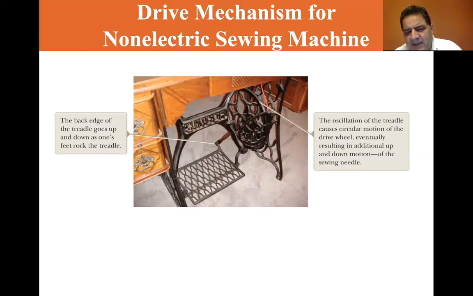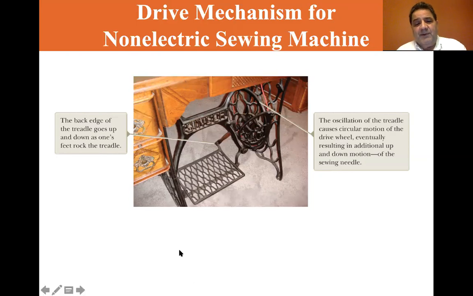You can think of other examples. If you've ever seen a steam locomotive train start up, you see there's a piston going back and forth, and it's translating from that back and forth motion into a circular motion of the train wheels.